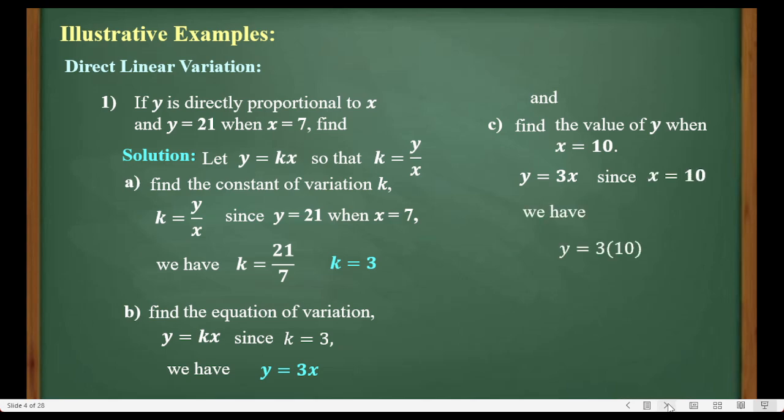And that is y becomes 3 times x, which is 10, and the value of y would be 30. Okay? So this is the solution for example number 1.